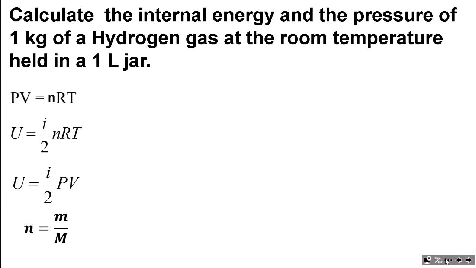Calculate the internal energy and the pressure of 1 kilogram of hydrogen gas at room temperature. Well, room temperature is about 20 degrees Celsius, plus or minus, but we cannot use Celsius, so we have to add 273.